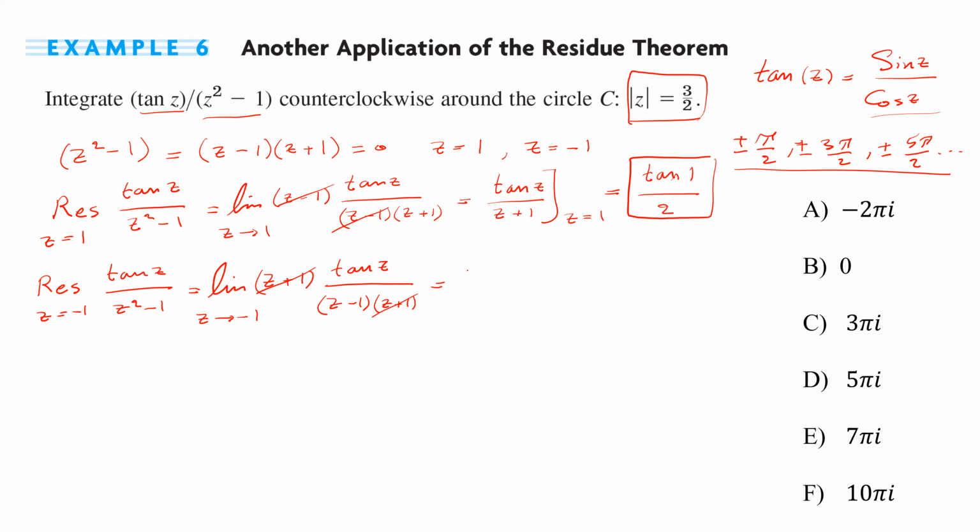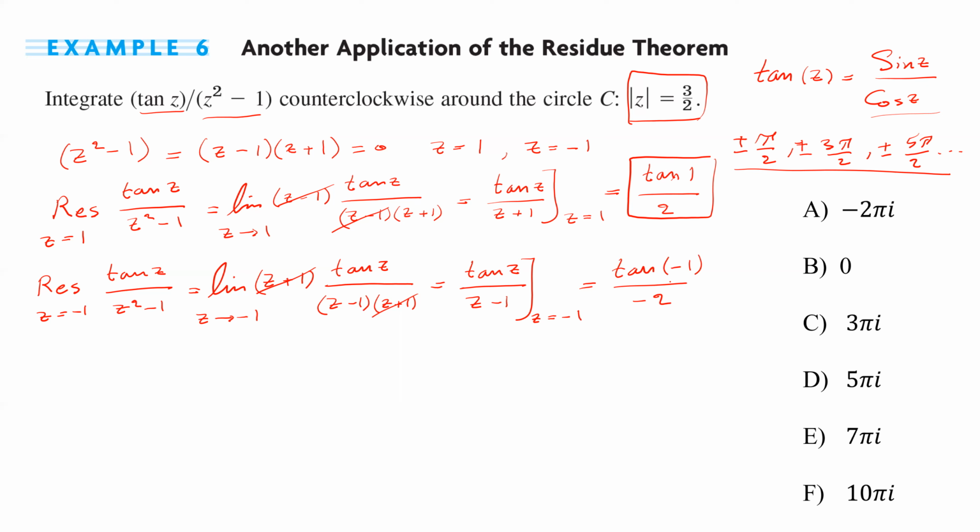So you get tan of z over z minus 1 evaluated at z equal to -1. If you put -1, it becomes -2 in the denominator, and tan of -1 becomes negative tan of 1, since tan is an odd function.